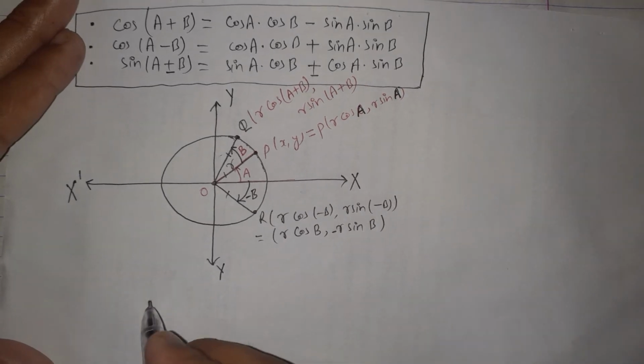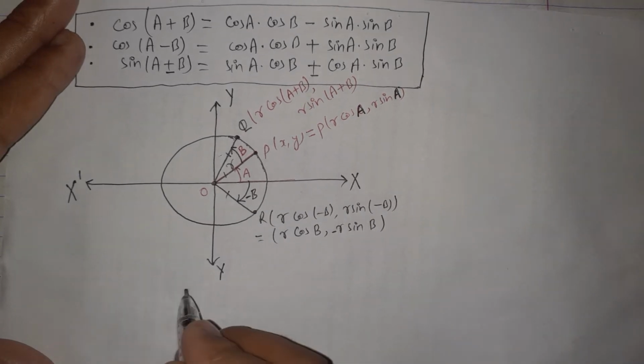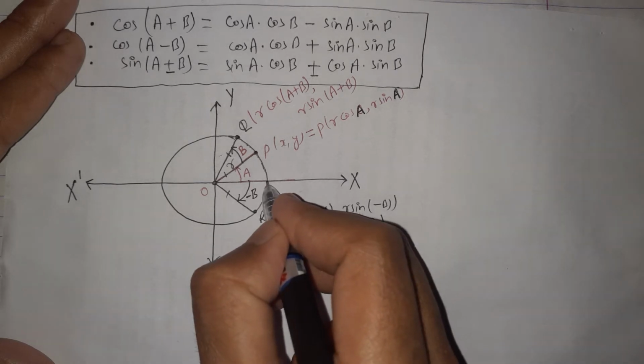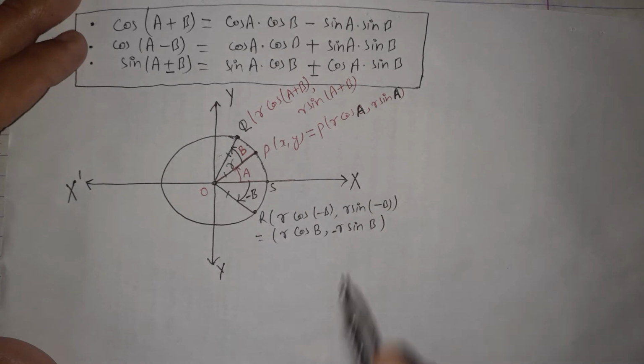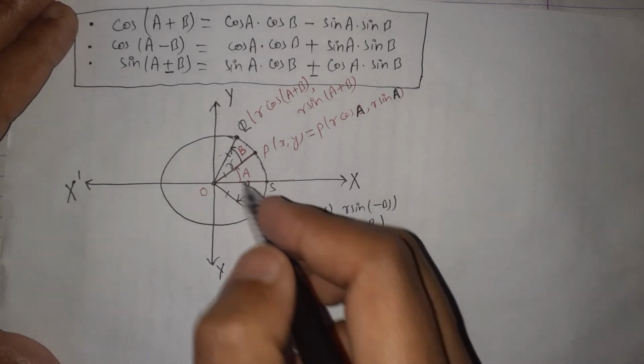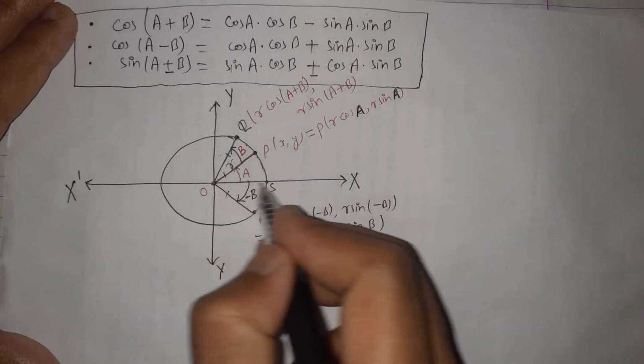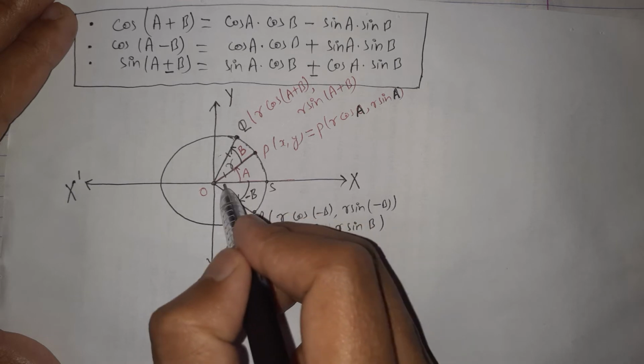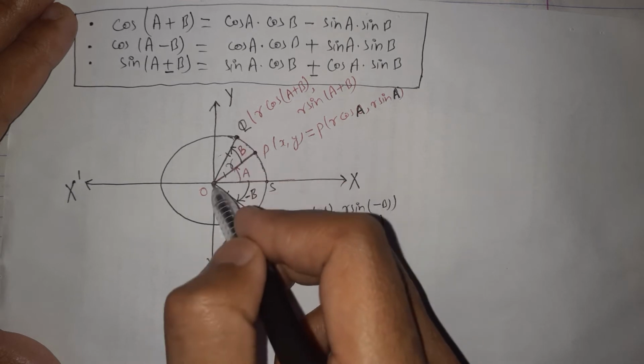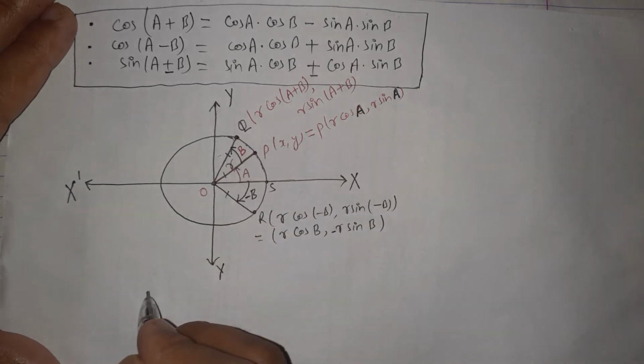And here, this is the angle between the positive x-axis and the line OQ.